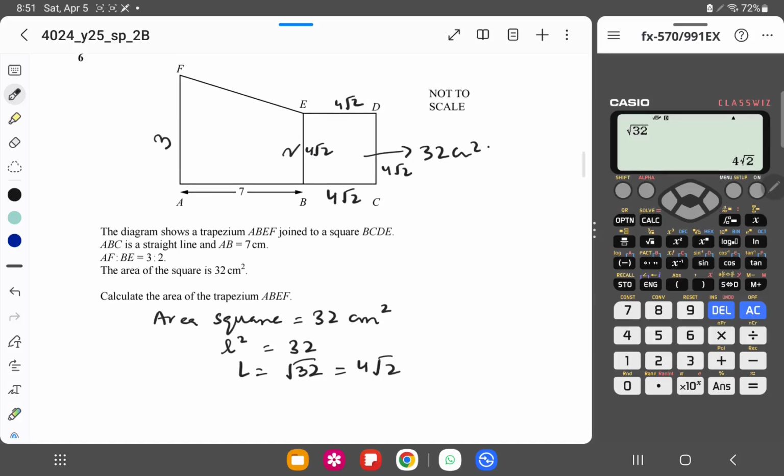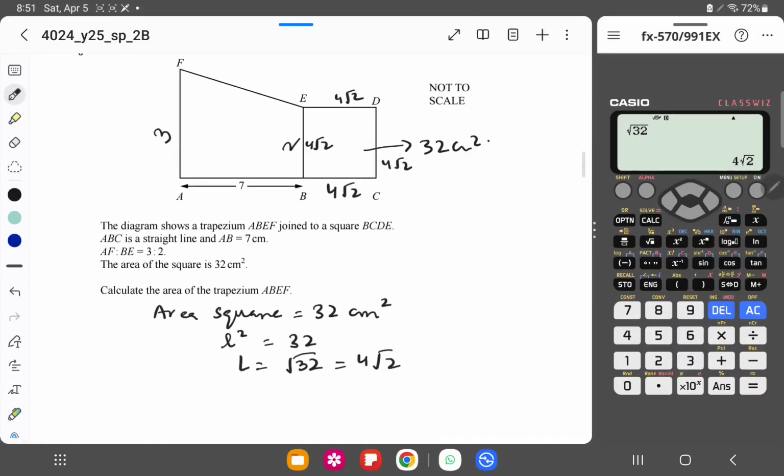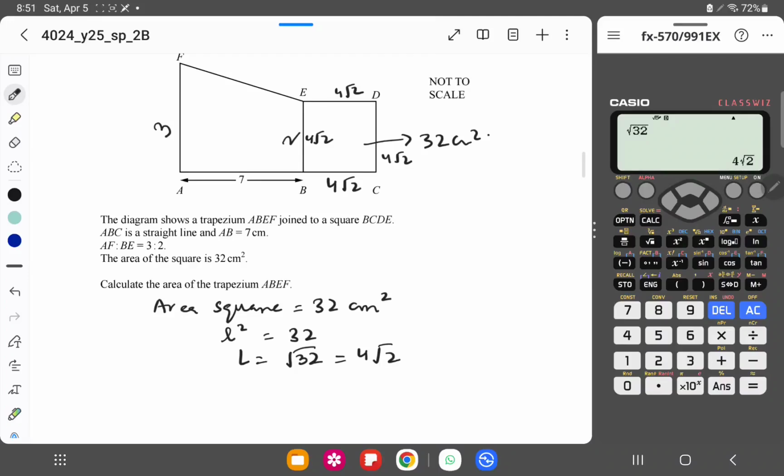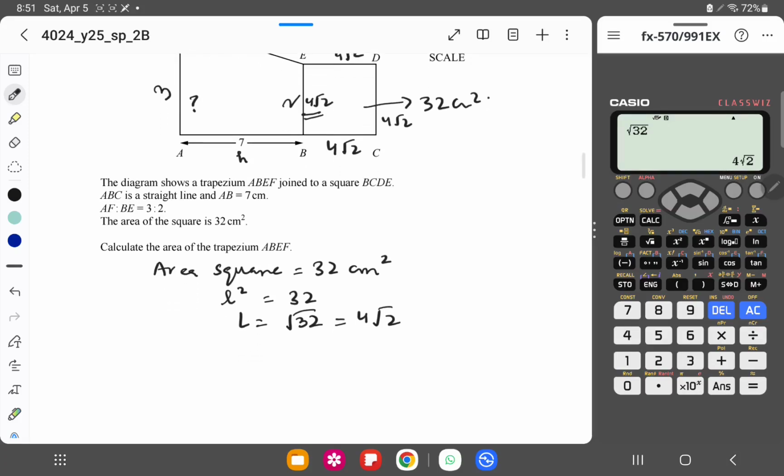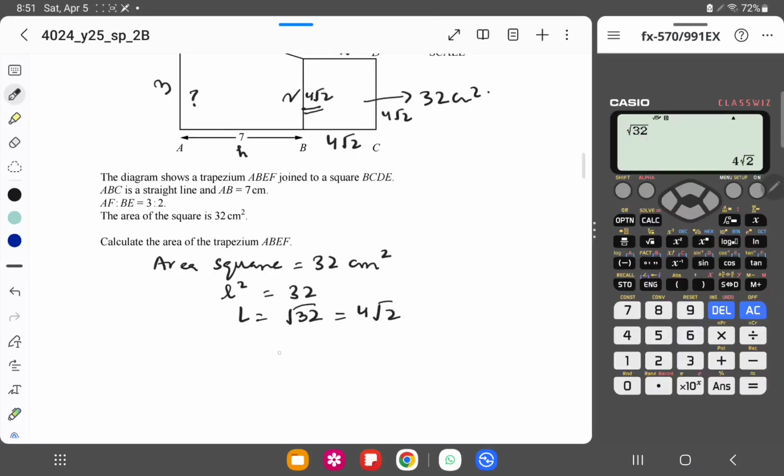We can easily find AF because its ratio is 2 to 3. We have to find the area of the trapezium, where the height is 7. One of the parallel lines is 4 square root 2, and we have to find the other parallel line. We can find it with the ratio method. The ratio 2 corresponds to 4 square root 2, and for the other parallel line, take x for the ratio 3.